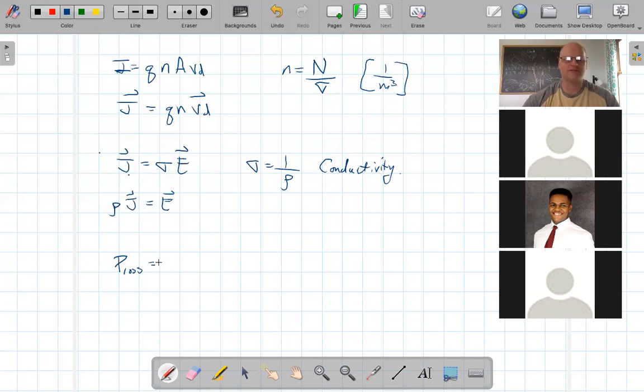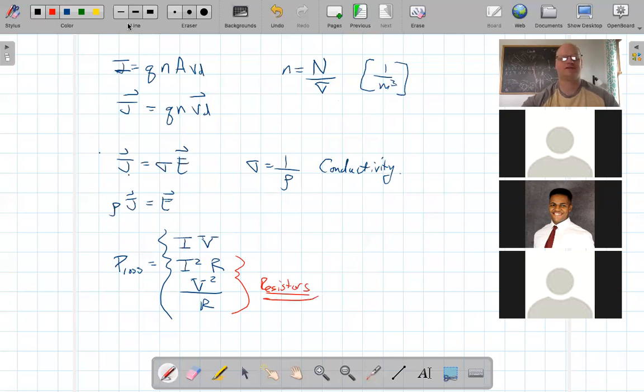So power loss is equal to I times V. So this is the current times the potential across that object. But that's also equal to the current squared times the resistance, and also equal to the potential squared divided by the resistance. So any one of these three are equally useful, but these two are specifically for resistors. The top one is used for any electrical device, doesn't matter what it is.